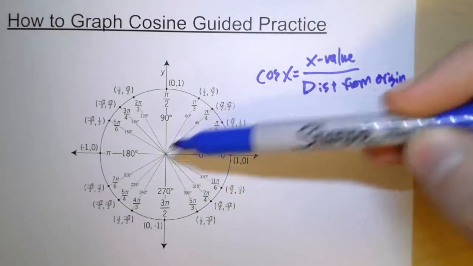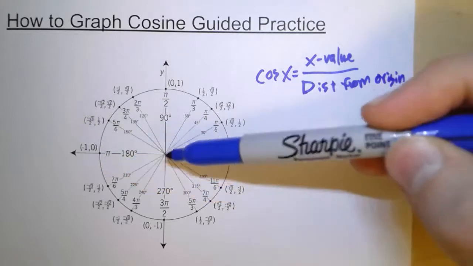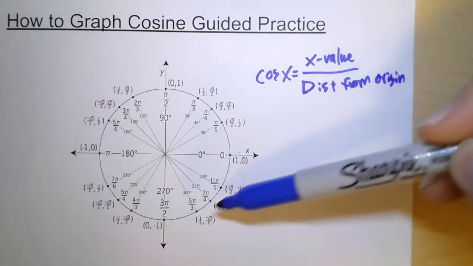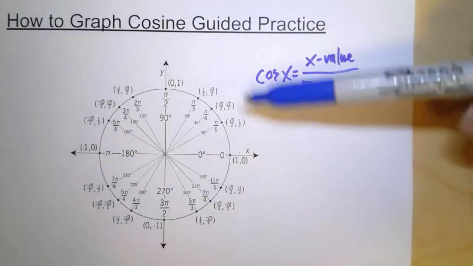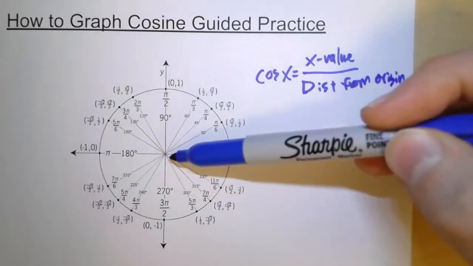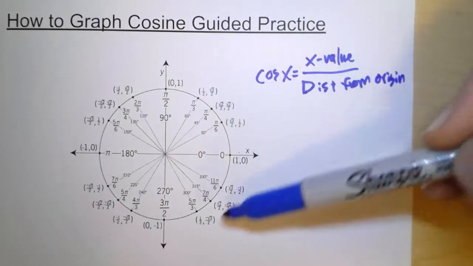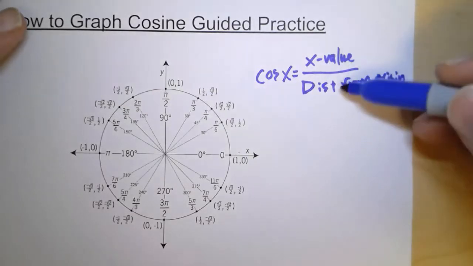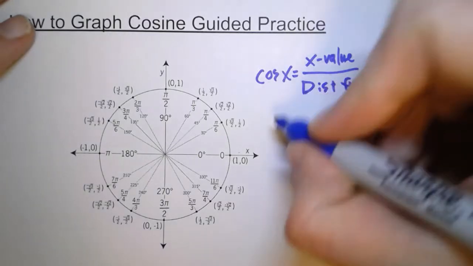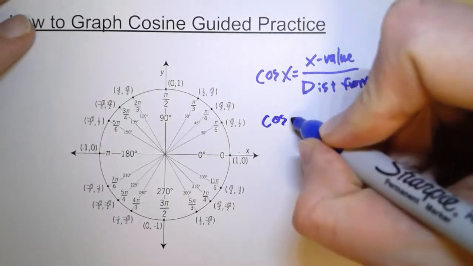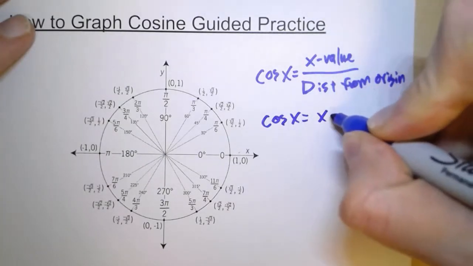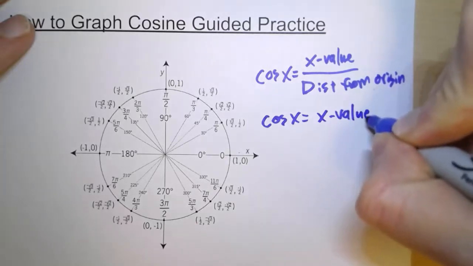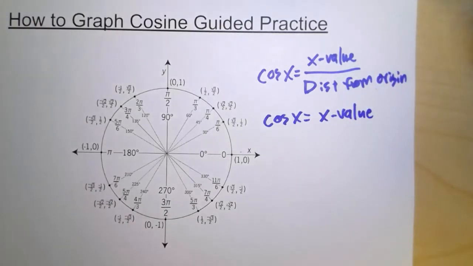Well, if you look at any point on the axes, distance is all 1. And the unique thing about a circle is all the points are all the same distance away. And so for any point, regardless of whether they're on the axis or not, they're all a distance of 1. And so that simplifies this ratio here. And that means that cosine of x equals the x value of whatever the point is.